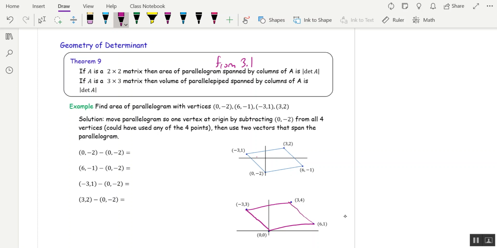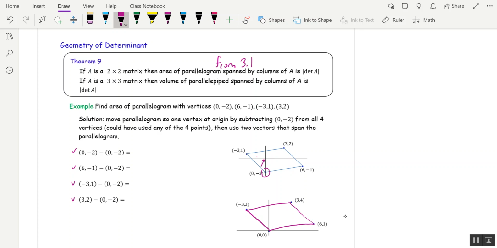So translate it. The way to do that is to subtract one of the vertices from all the others. It doesn't matter which one. I decided to move this guy to the origin. That means I took all 4 vertices, here's the start of the computation over here, all 4 vertices, and I subtracted that one vertex, 0, negative 2, from each one.